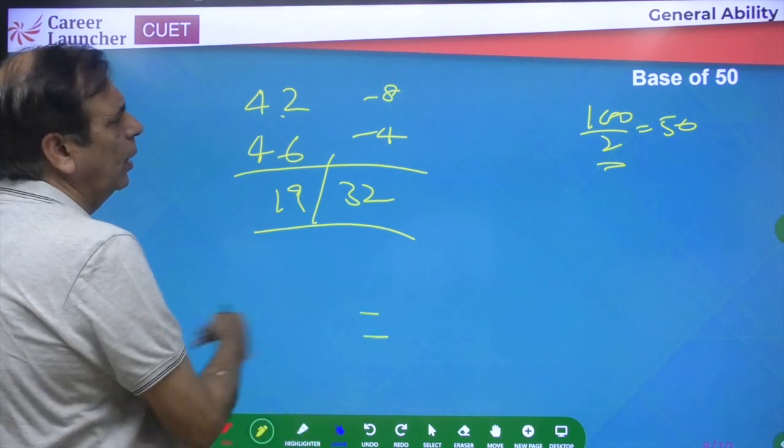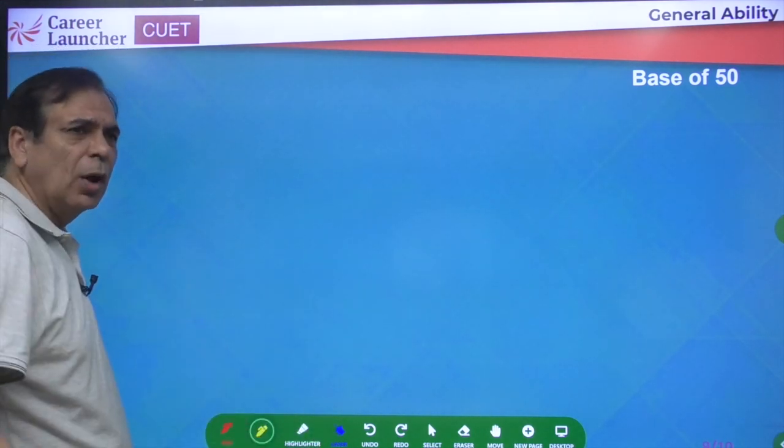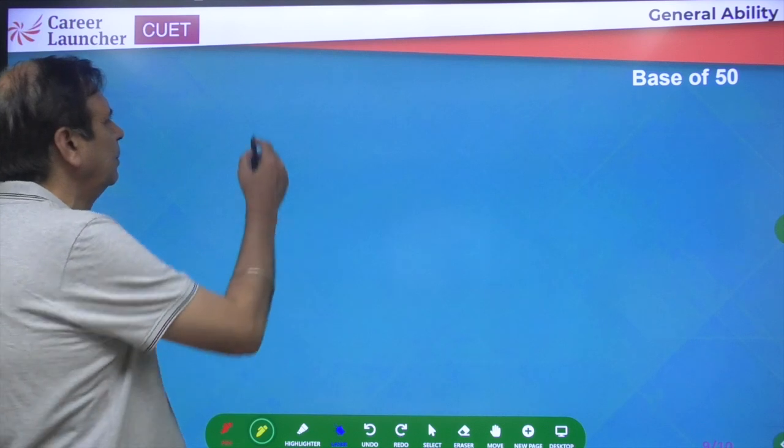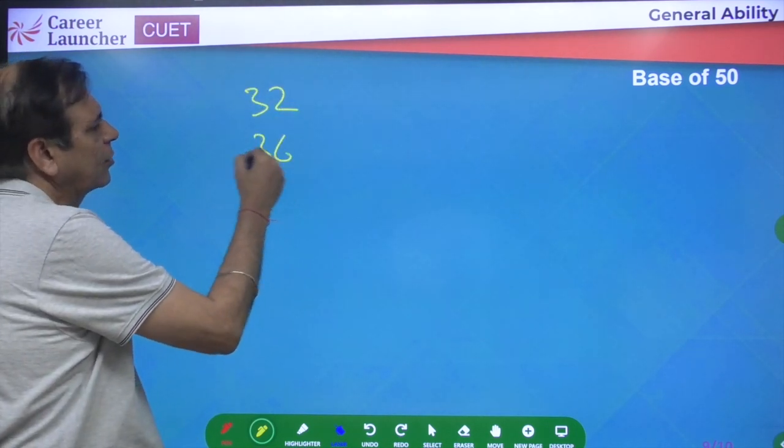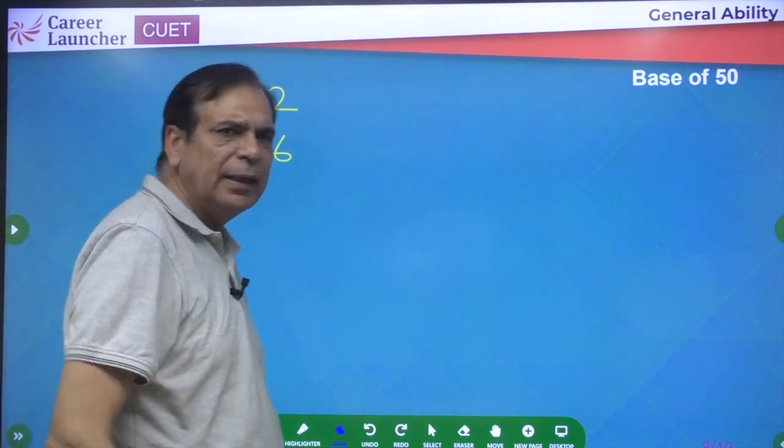Okay. One more example. We'll take a smaller number so that the calculation becomes bigger. 32 into 36, let's check. Minus 18 into minus 14. Oh, I think we have done that earlier, isn't it? No, we did 18 into 13.